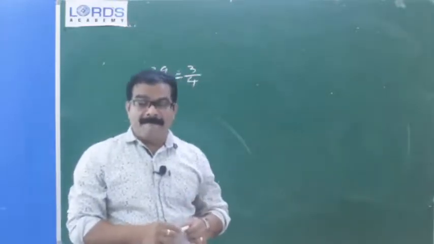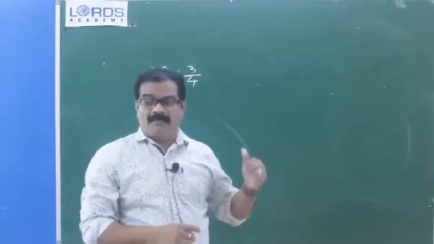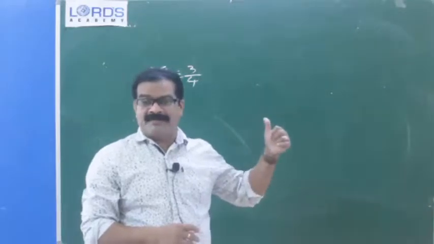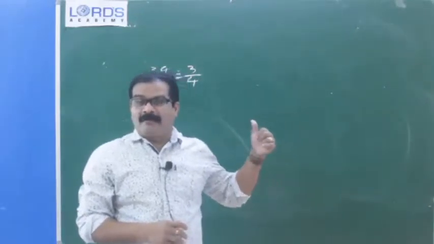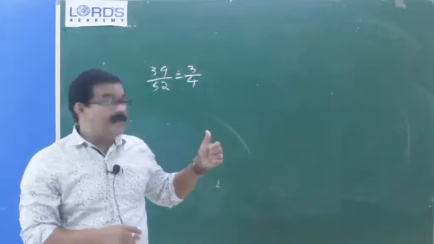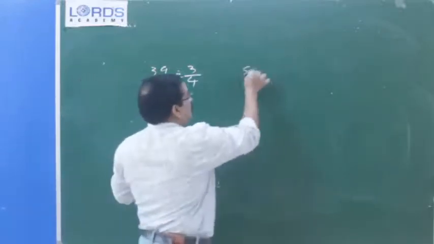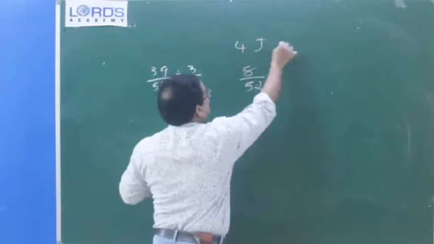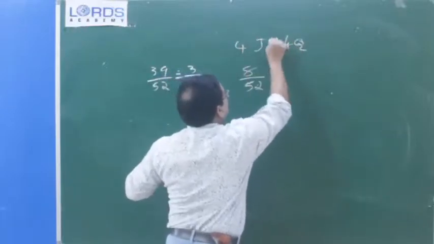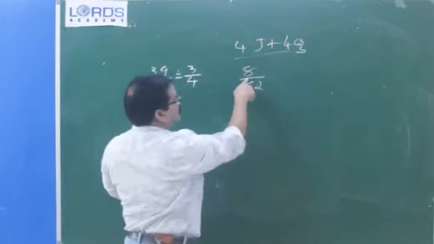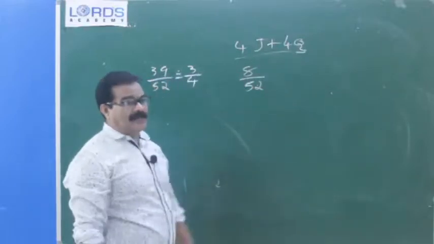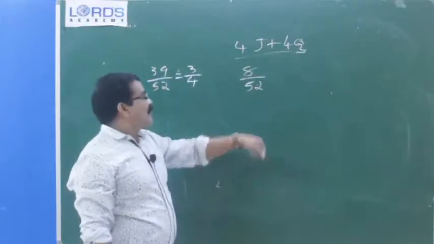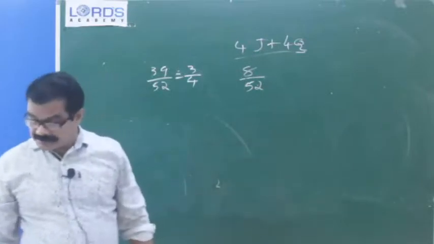Yes, 4 plus 4, that is 8. So, the required probability will be 8 by 52. That is 4 jacks and 4 queens; when you add, it is 8 by 52. That is 2 by 13. You will get the answer.